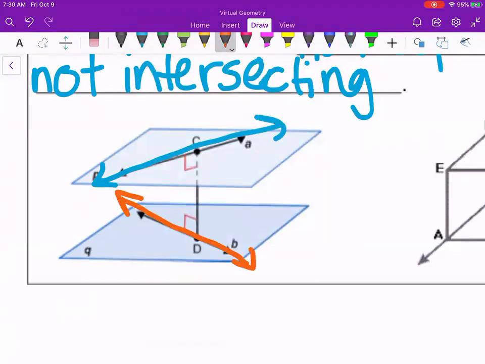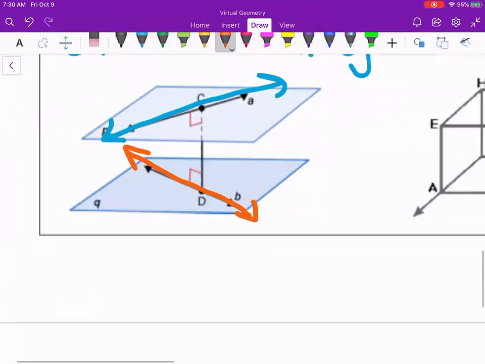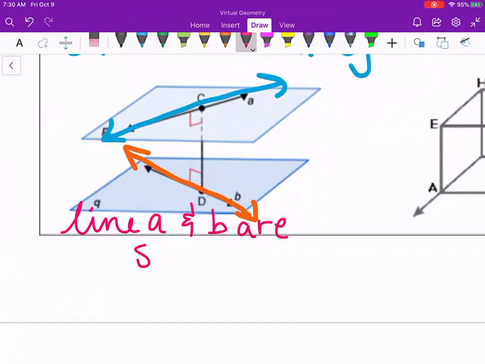But again, they're not perpendicular because the 2 lines don't touch each other, and they're not parallel because they're not on the same plane. And so that's where the non-coplanar comes in. So these lines would be skew. So line A and B again are what we call skew lines.